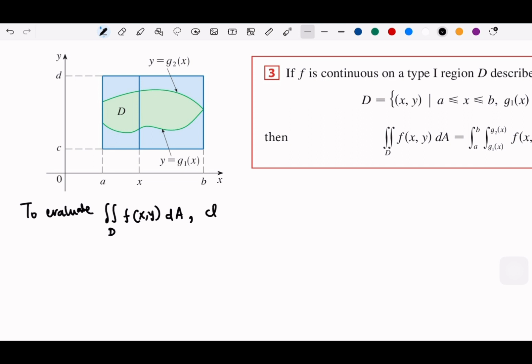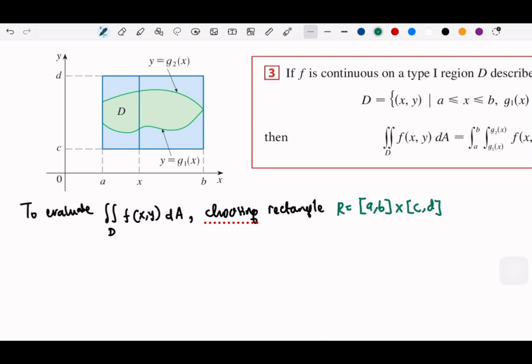First, choosing a rectangle that is defined by R, and this is the dimension, and R contains D.